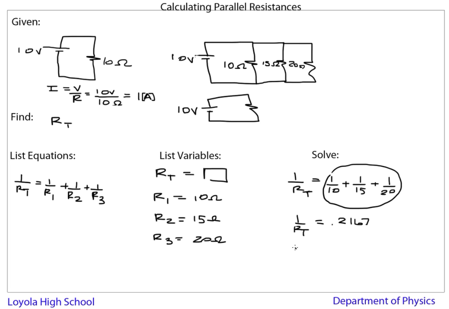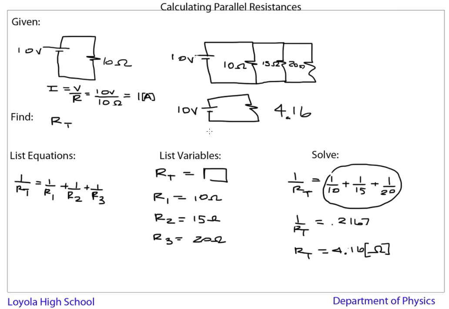So we have to invert that or cross multiply. So R total is equal to, if you invert that, 4.16 ohms, which is a lot less than the 10 before. So this is, to complete our comparison, 4.16 ohms.